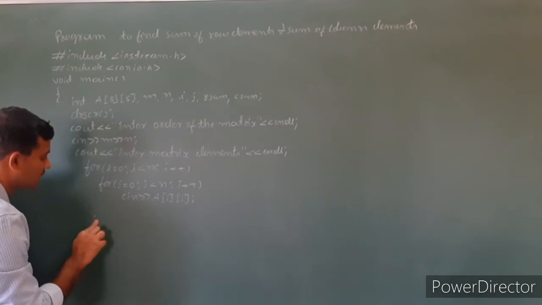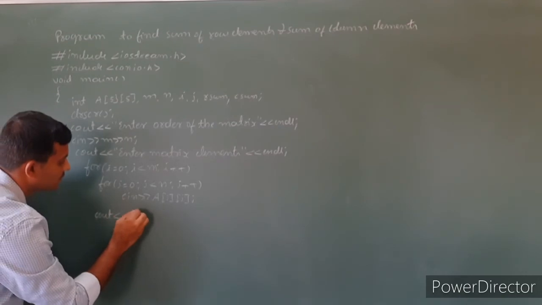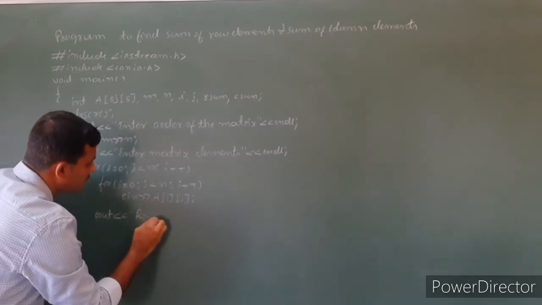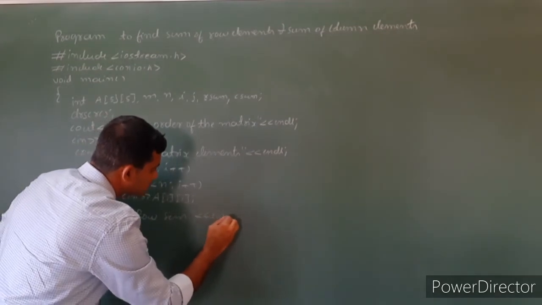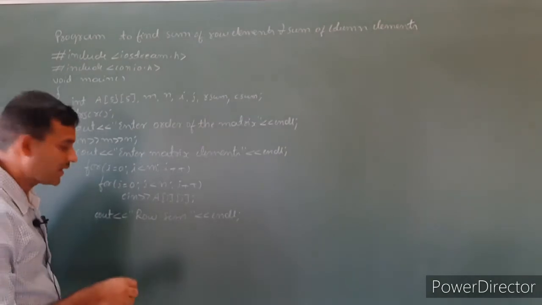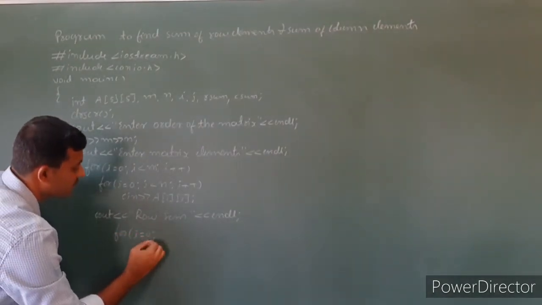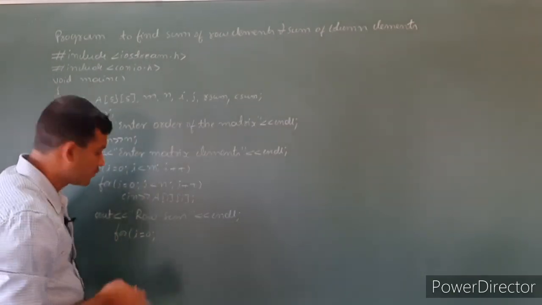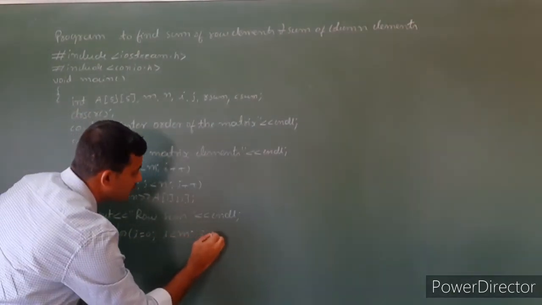To find the row sum, just insert an output, cout row sum. To find the row sum, again we have to access all the elements of the matrix. To access the matrix elements, again it needs two for loops. i equals 0, i less than m, i plus plus.